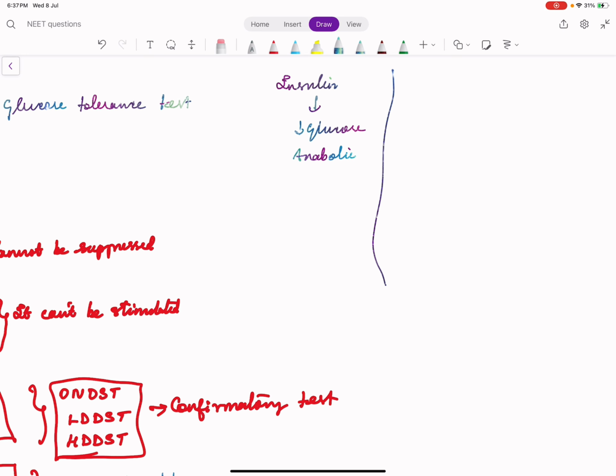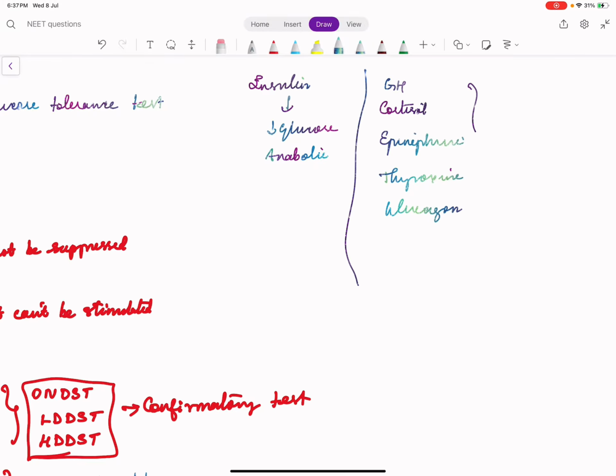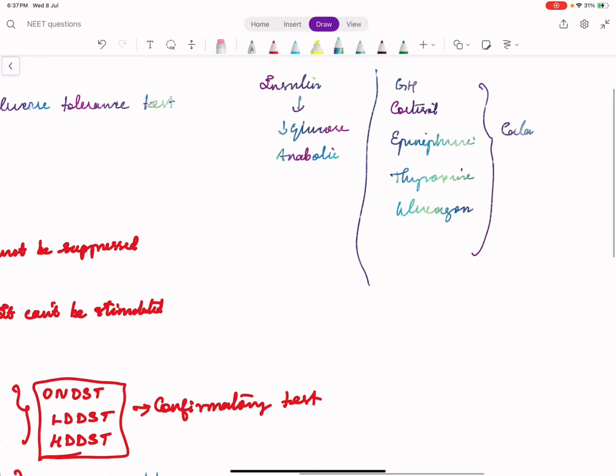The counter-regulatory hormones are many: growth hormone, cortisol, epinephrine, thyroxine, glucagon. All these counter-regulatory hormones are catabolic hormones. They act in the opposite way. They are catabolic hormones, and they act to increase sugars, increase glucose.